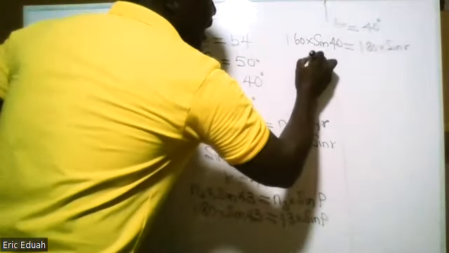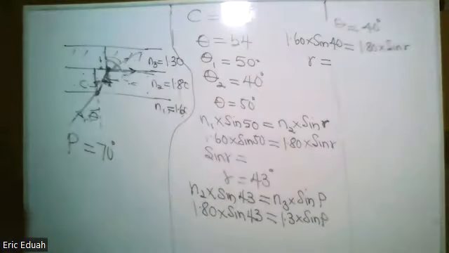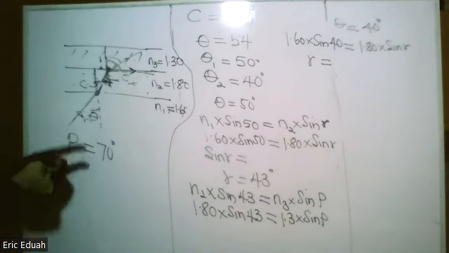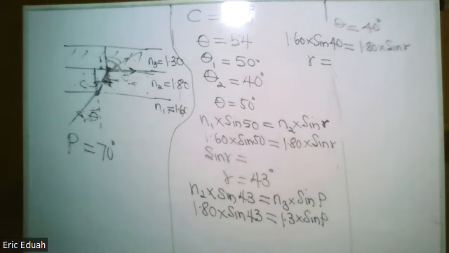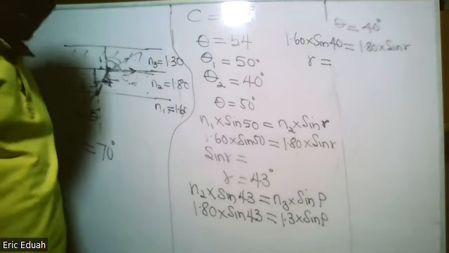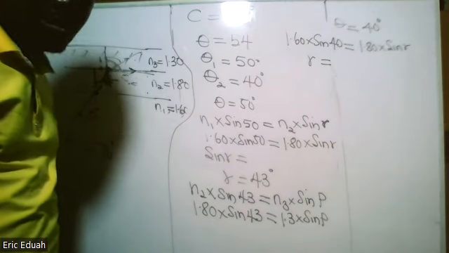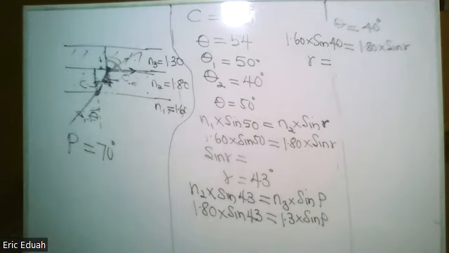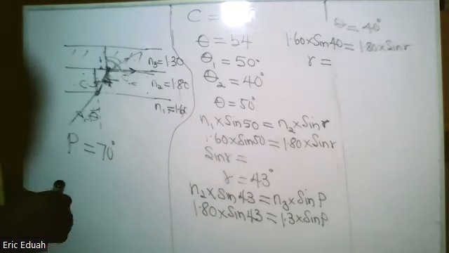Help me get the value of r when theta has decreased further to 40. Please, let's not delay. 35.